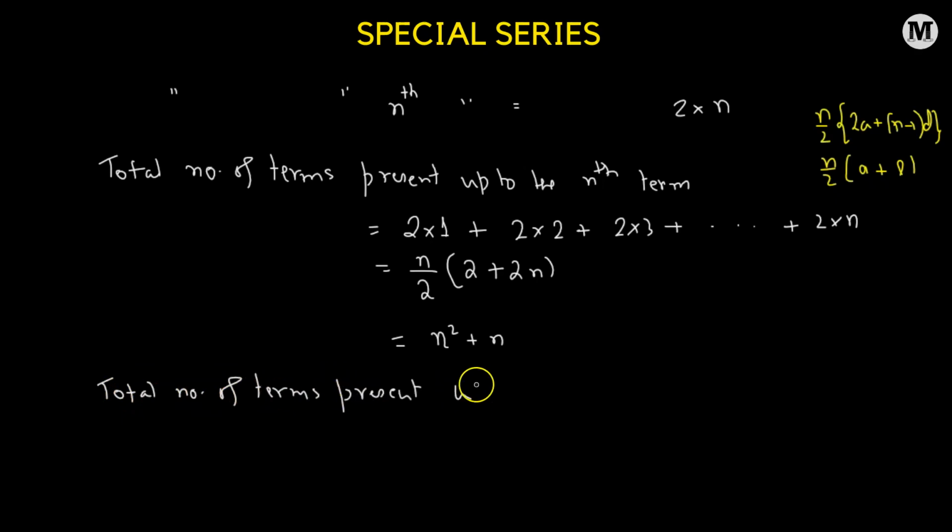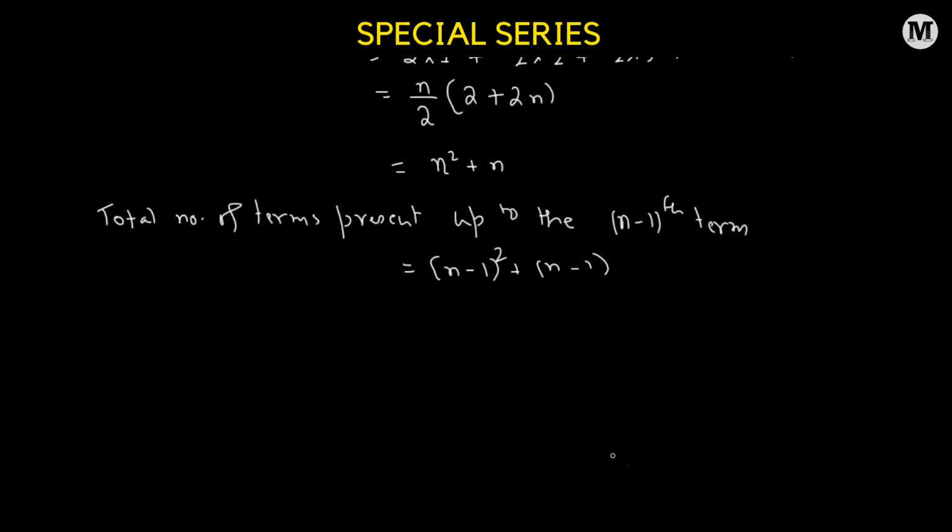So what we'll do, we'll also calculate the total number of terms present up to the previous term of the nth term. The previous term to the nth term is simply the n minus 1th term. So what will be the total number of terms present up to the n minus 1th term? All we have to do is replace n in the sum that we just obtained with n minus 1. So that means we have n minus 1 whole squared added to n minus 1.